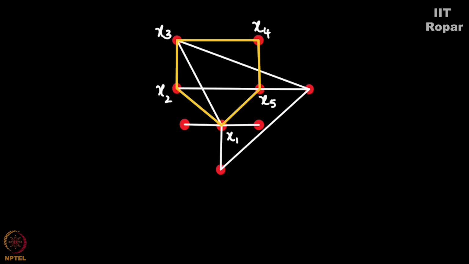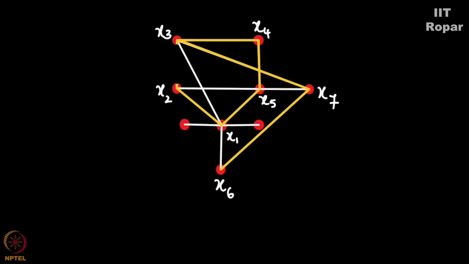I take another vertex X6 slightly far away from this cycle, and you see what I can do? X6 is adjacent to X7 and X7 is adjacent to X3. Now what I do is I remove this edge X2, X3. Now I have got a path bigger than the given cycle. Right? There are more vertices than the vertices in the cycle.